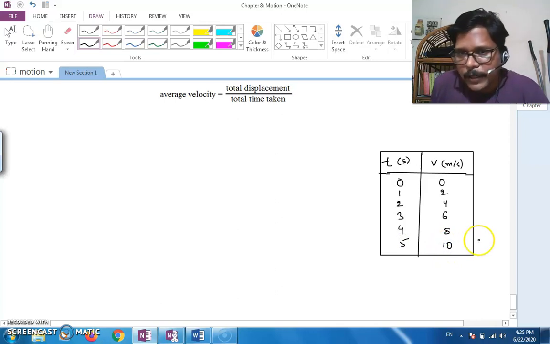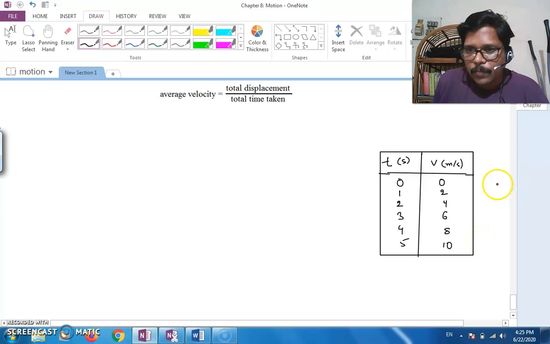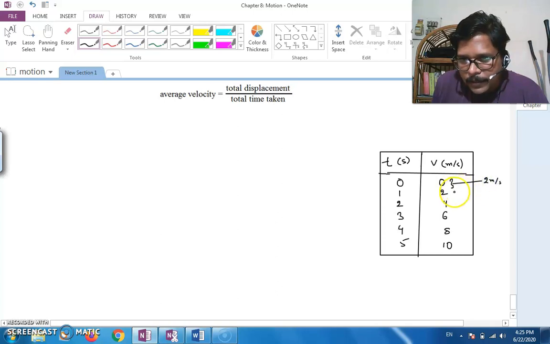Now, the velocity changes in a uniform way: for every second, the velocity increases by 2 meter per second. The velocity may increase uniformly or decrease uniformly.